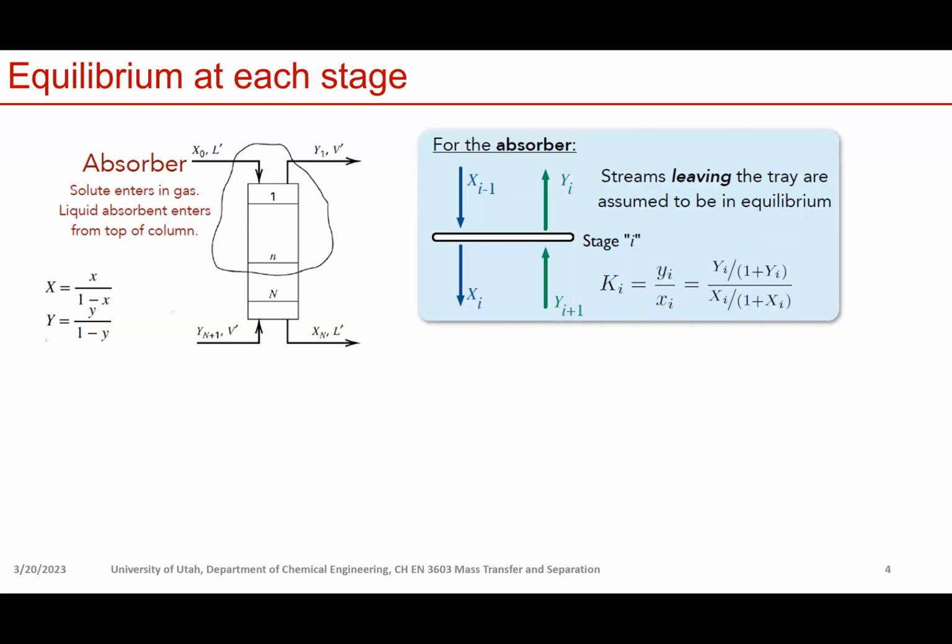So some nomenclature here. In this tower, we have n trays, and each tray is a stage. And for stage i, that's the ith tray, there will be two phases, right? You have a liquid phase going into this tray, and you have a vapor or gas phase going into this tray.